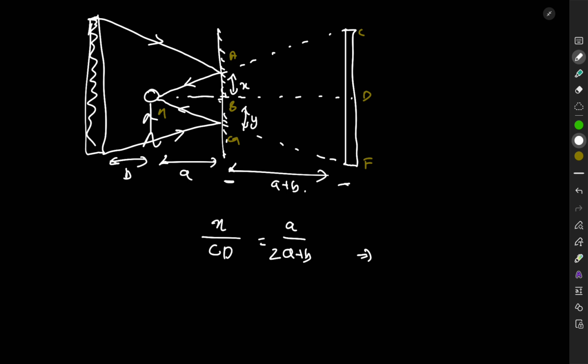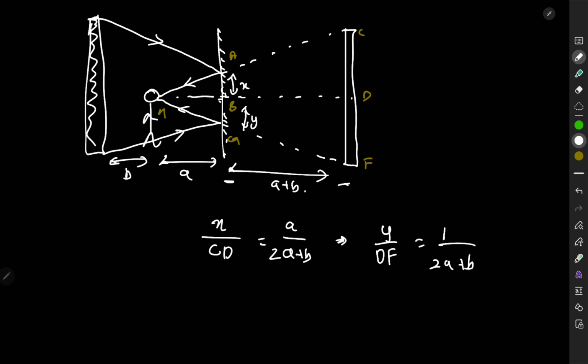Now similarly, taking for this triangle also, I'll get something like Y by DF is equal to HB by HD. Fine. So similarly, 2A plus B. What is HB? HB is A, right?